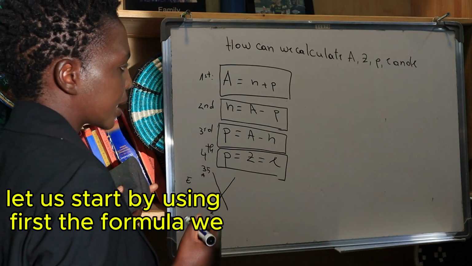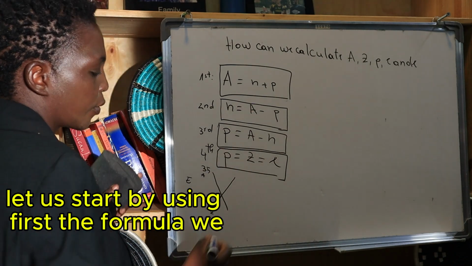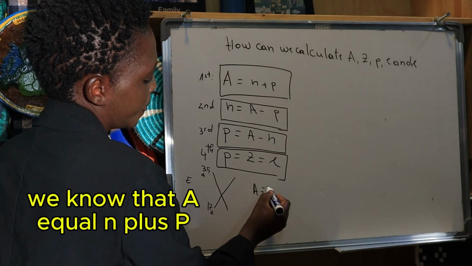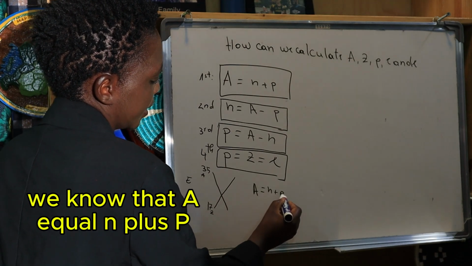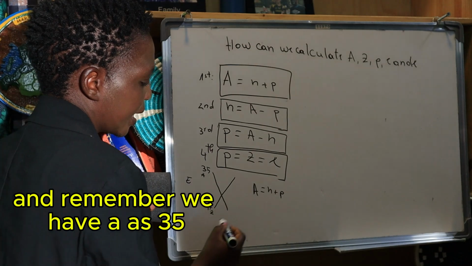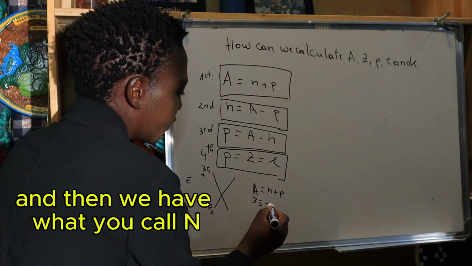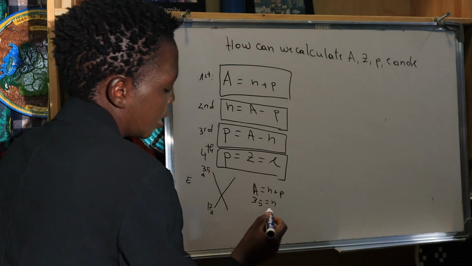Let us start by using the first formula. We know that A equals N plus P. Remember, we have A as 35, and N is unknown.